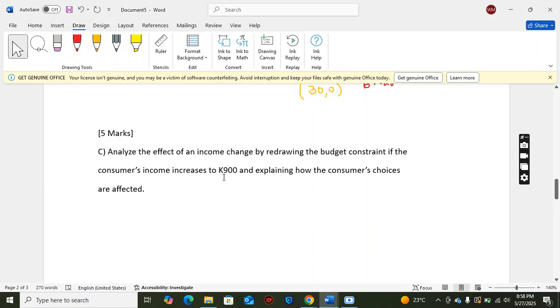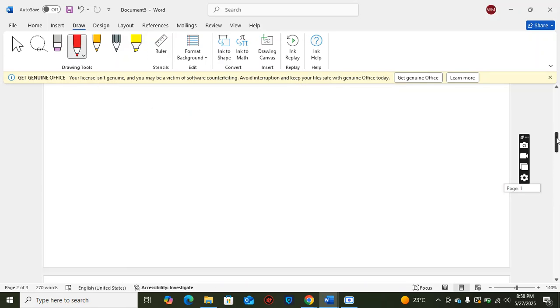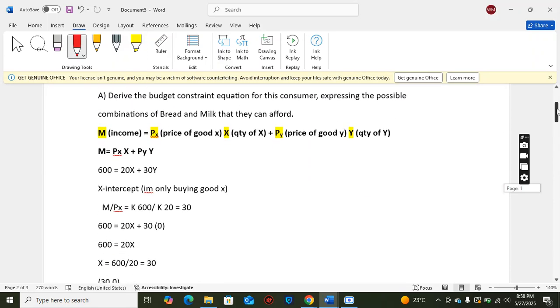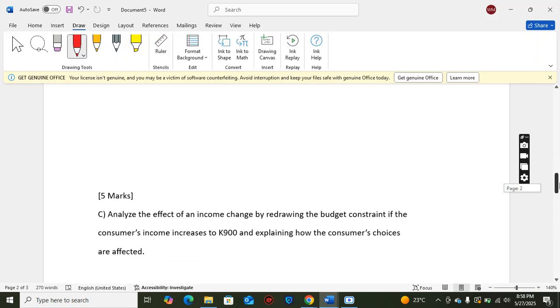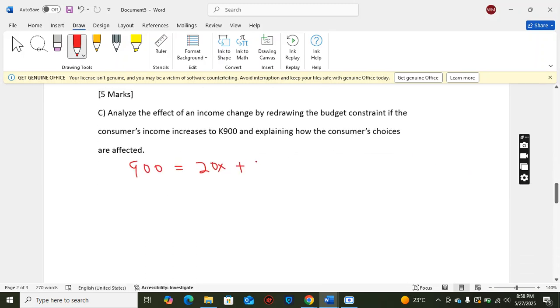Our income now is 900 kwacha. The prices of good X and good Y still stay the same. Good X is still 20 kwacha per loaf. Good Y is 30 kwacha a liter.